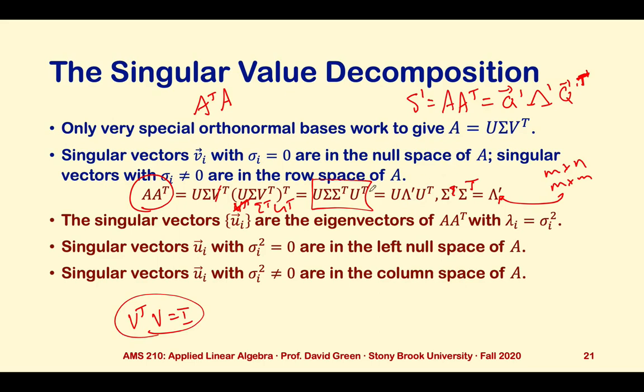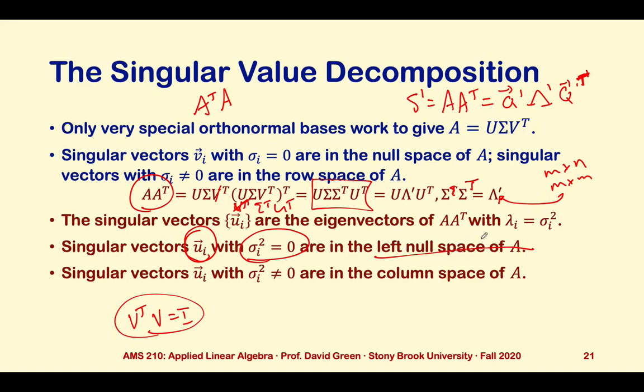But now we're dealing with the other order. So the singular vectors u i that have sigma i's of 0 have to be in the null space of A transpose, or the left null space of A. Right? We've really just changed the order of how we're dealing with everything.